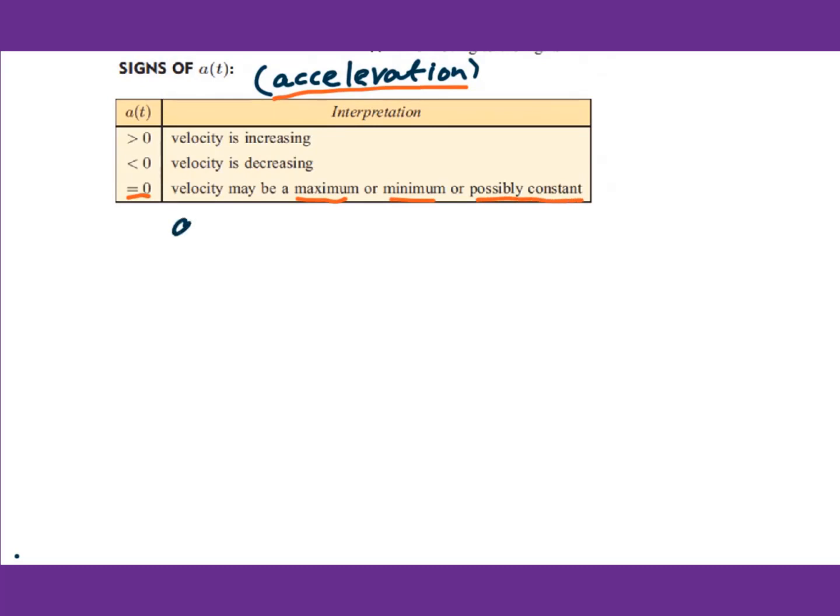Because a of t equals v prime of t, it equals the second derivative of s of t. So when a of t equals 0, this goes to the stationary point, which means maximum, minimum, or constant.